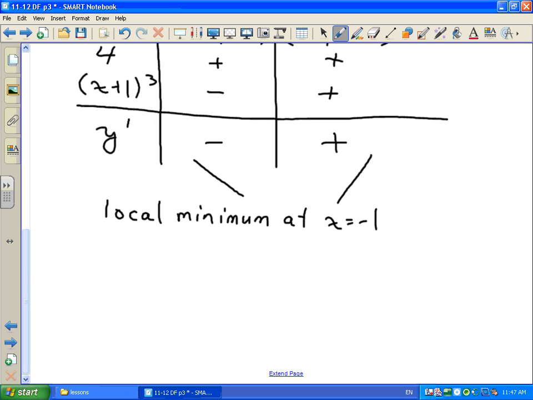And we can go back and evaluate our y value. So y equals, we've got to go way back up to the original function, and we sub in x equals -1, and we do that, and we get 0, actually. So our local minimum is y equals 0 at x equals -1.